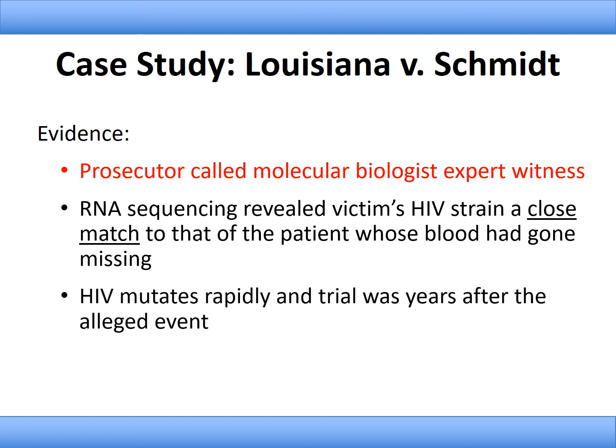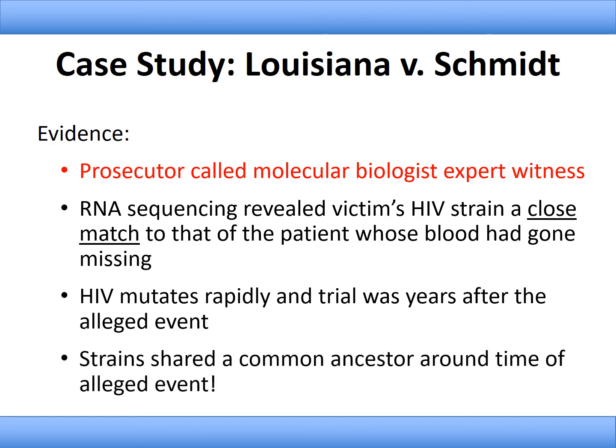Now we know from virology that HIV mutates rapidly, and the trial was years after the alleged event. However, the molecular biologist expert witness said that strains of HIV found in the victim and that patient whose blood had gone missing shared a common ancestor, in fact, around the time of the alleged event, that fateful day where the patient's blood went missing and the victim was shockingly injected by this doctor.